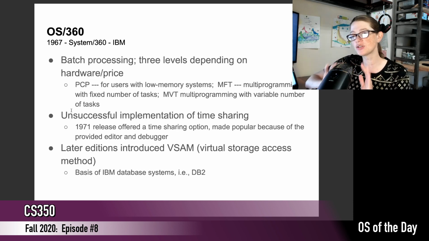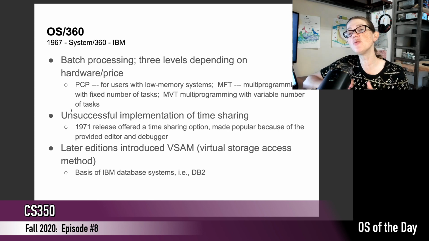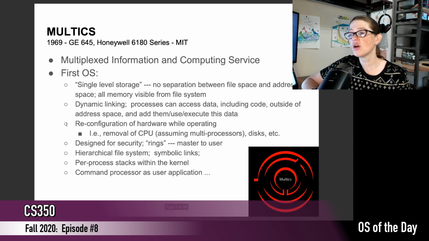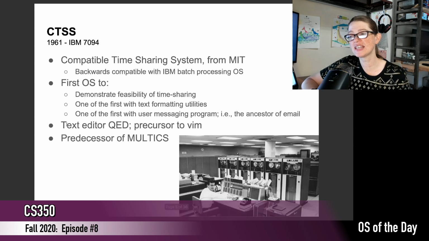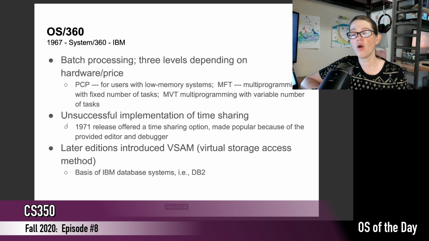What's really interesting about this operating system is if you compare it to the operating systems that existed at the same time. So if we go back, we've got Multics, DTSS, and CTSS, CTSS being released 6 years before OS 360. The reason why I'm pointing this out is all of those 3 operating systems, along with numerous others, were supporting time sharing and preemption, so they could actually do multi-threading.